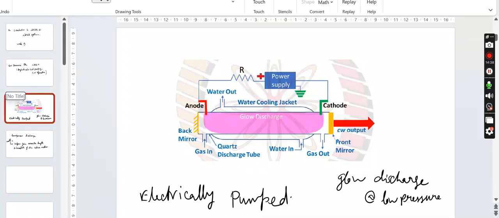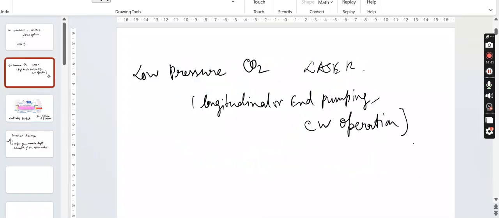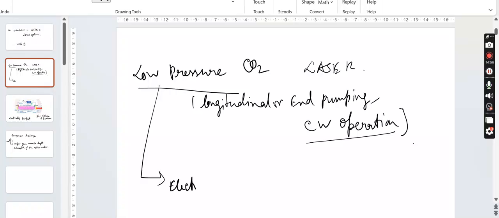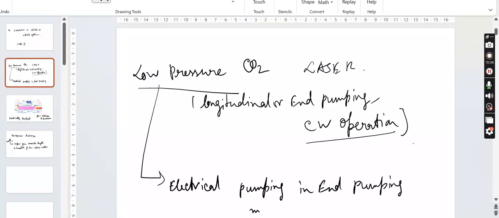We don't want to go into the arc discharge. So in low pressure CW operation, the electrical pumping in the end pumping method is enough.